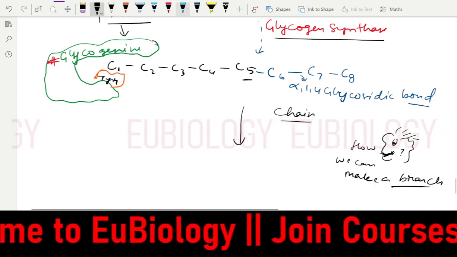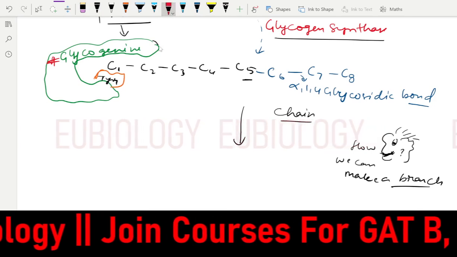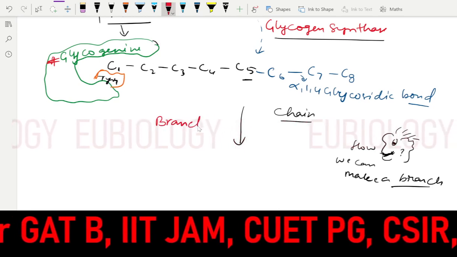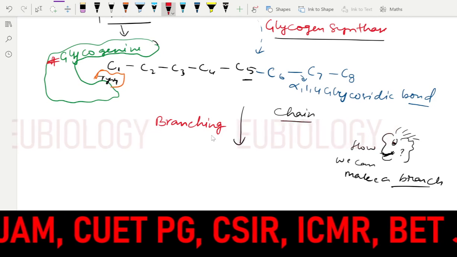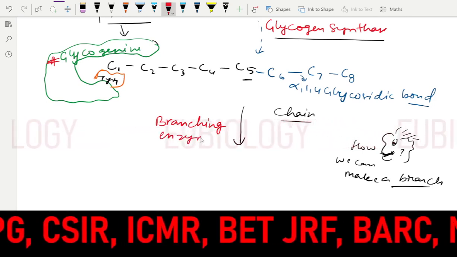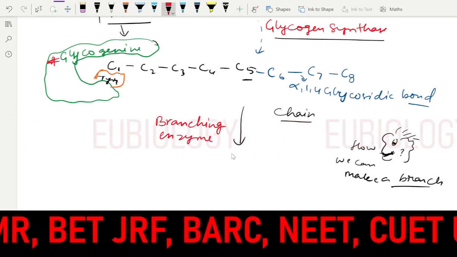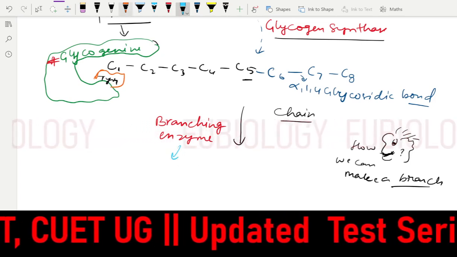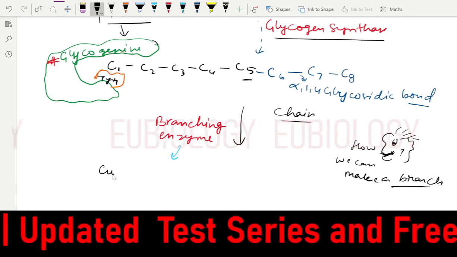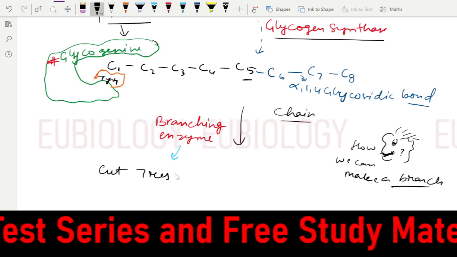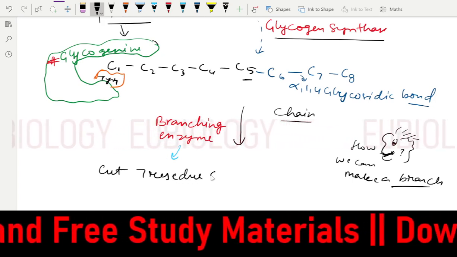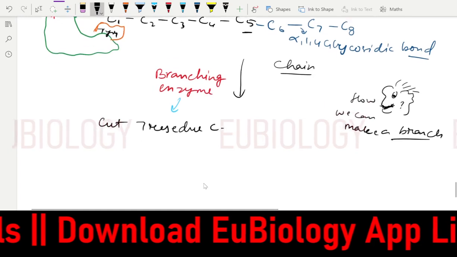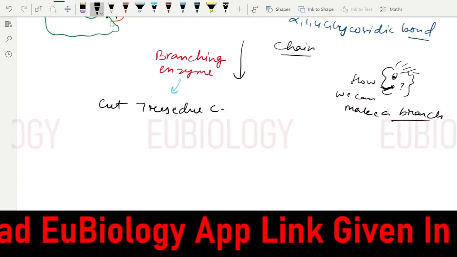There will be a requirement of one enzyme again. It is usually called the branching enzyme. Now what will the branching enzyme do? The branching enzyme will cut 7 residues of glucose.